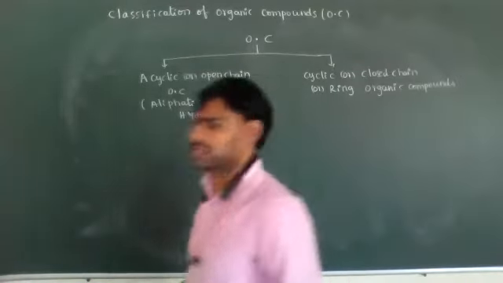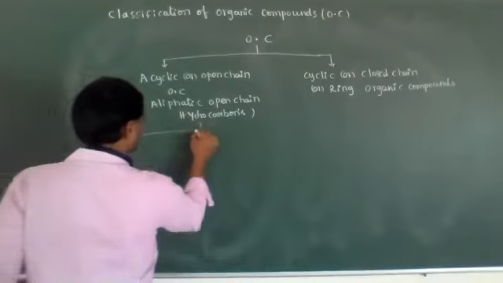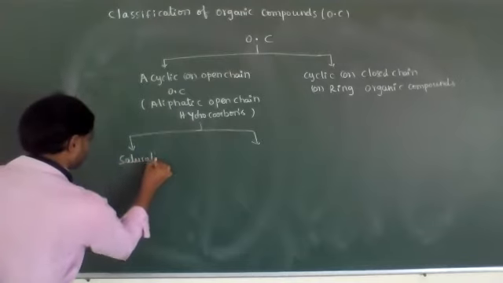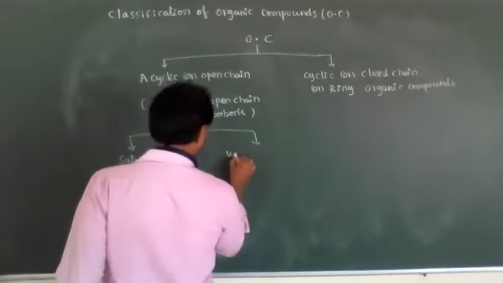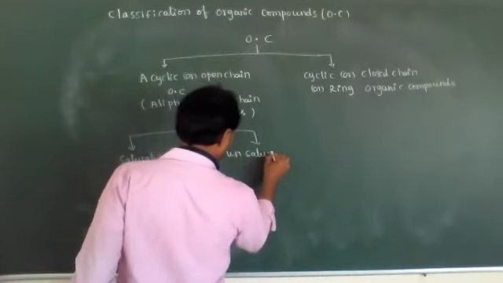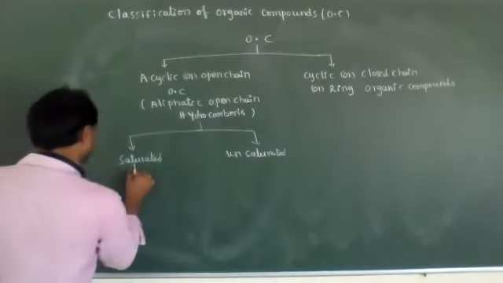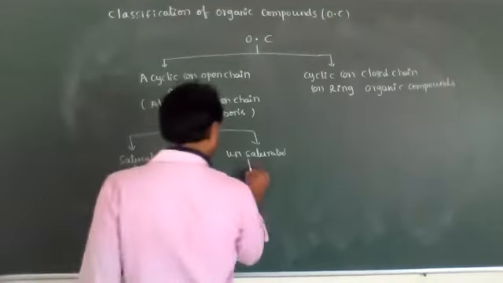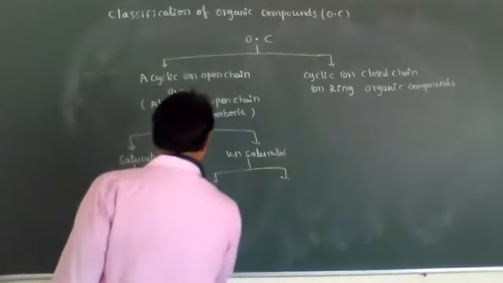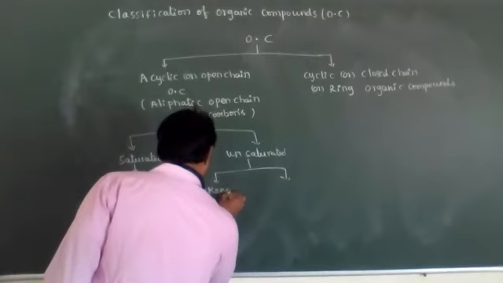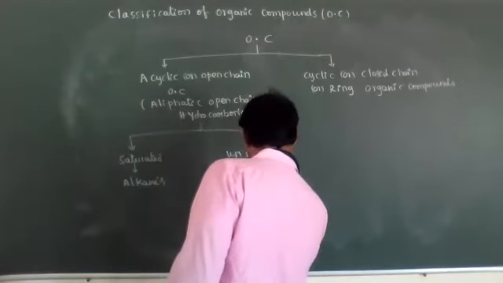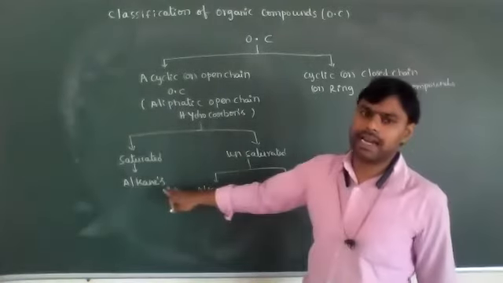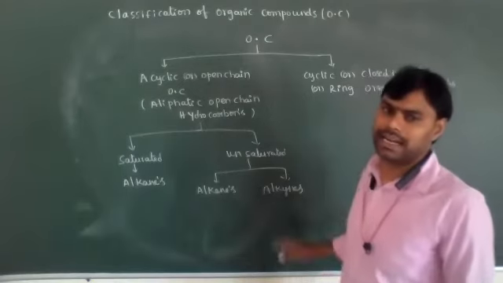These are again two types, saturated and unsaturated. Saturated examples are alkanes. Unsaturated is two types, alkenes and alkynes. You know very well. Alkanes examples, alkenes examples, and alkynes.